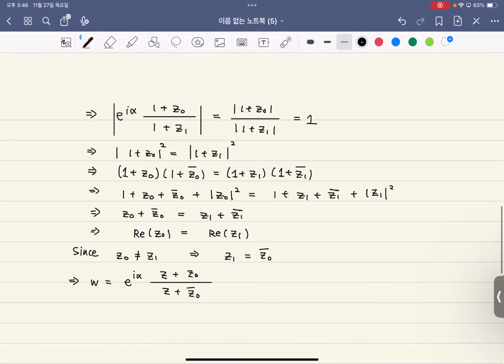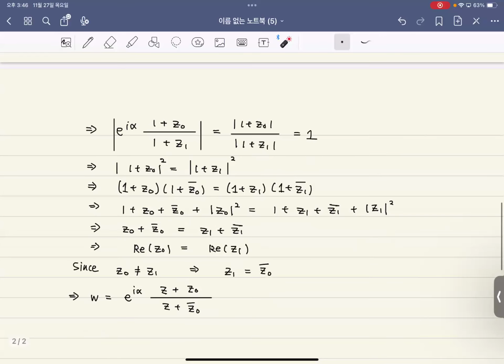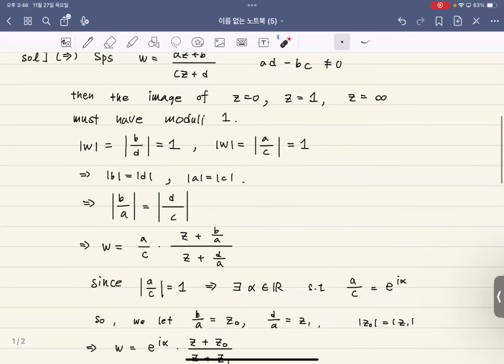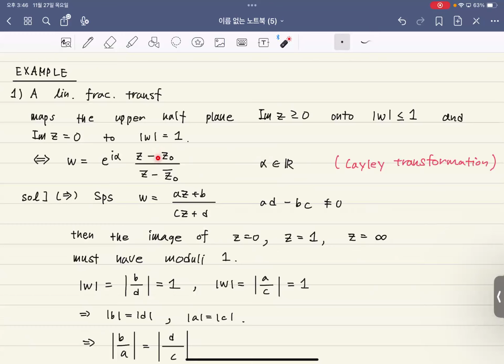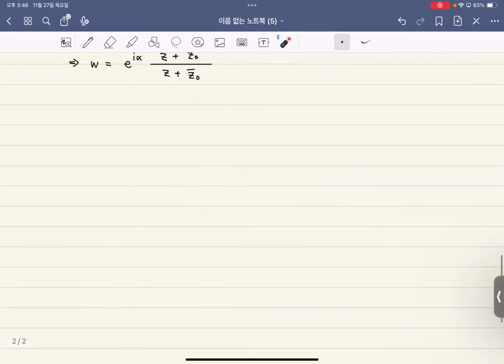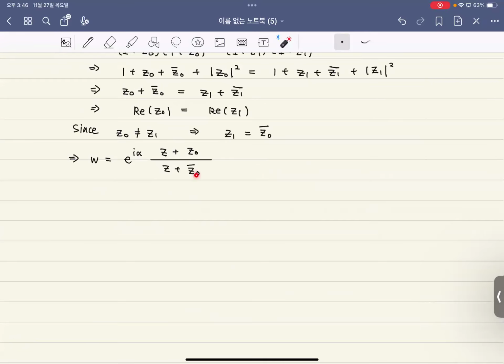Although this final expression is slightly different from the earlier expression by a minus sign, you can always change the sign here. So I think this actually proves that statement.